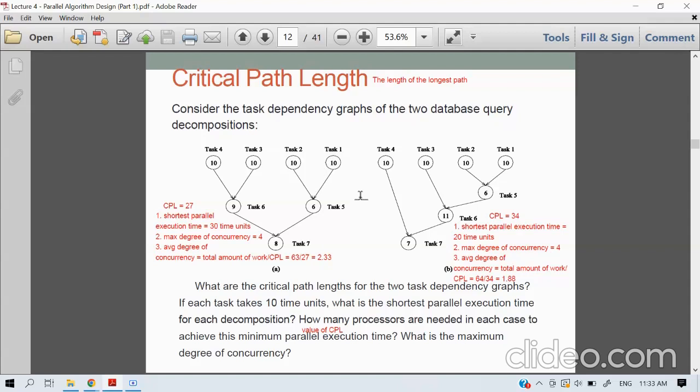I want all of you to calculate, and then please respond to me which path has the longest length, which is the critical path length in this case. Please calculate first. Of course, we have the answer right now, which is 27, but from which path?